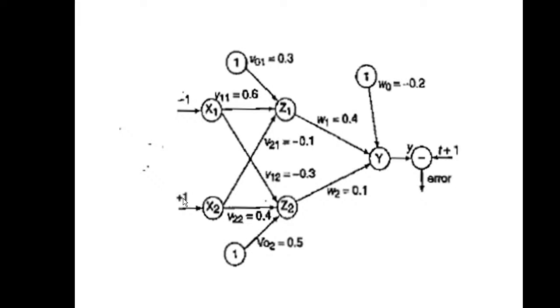The third phase is to update the weights, because there will be some changes in the weights because of the error. So there will be three phases. The first phase is the feed forward phase, in which we calculate the inputs flowing in the forward direction. The second phase is calculation of the error and back propagation of that error in the backward direction, and the third phase is to update the weights because of that error.